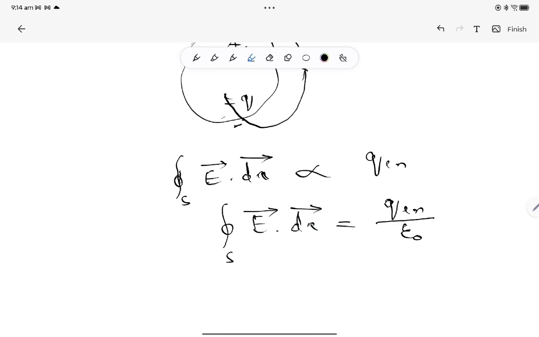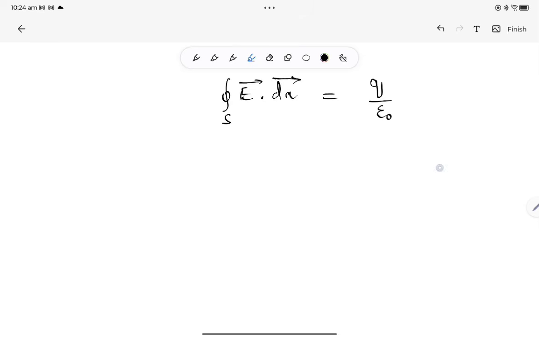Now, this is what we call enclosed. This is the closed surface. It is not necessary that the charge be localized at one point. Charge can be spread out in the volume. Suppose we have total charge Q inside this surface.